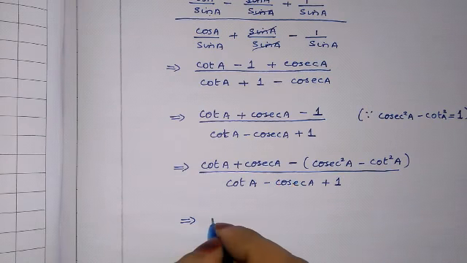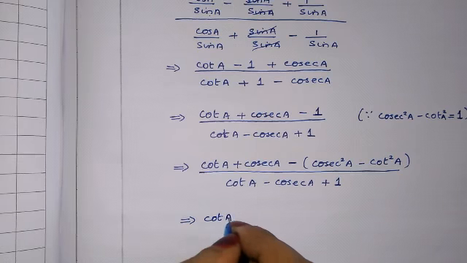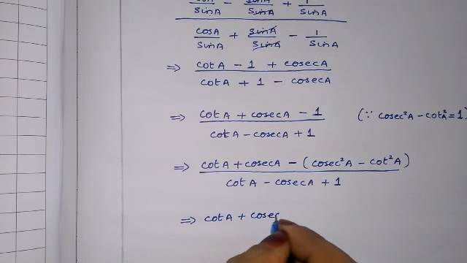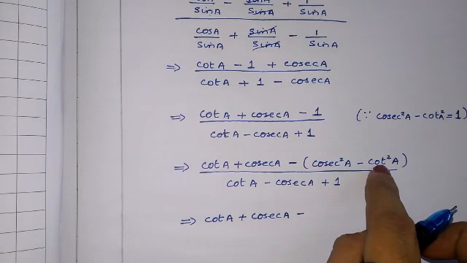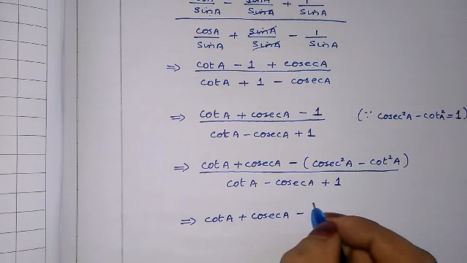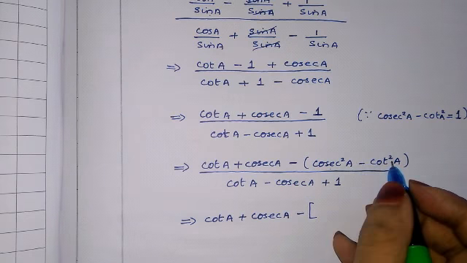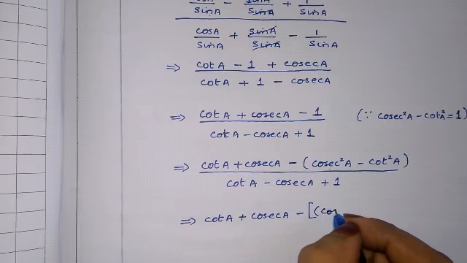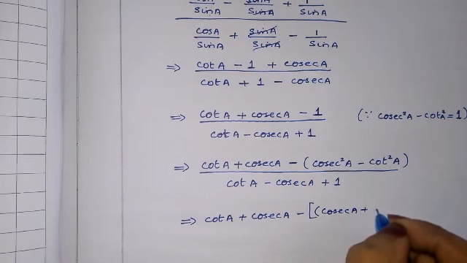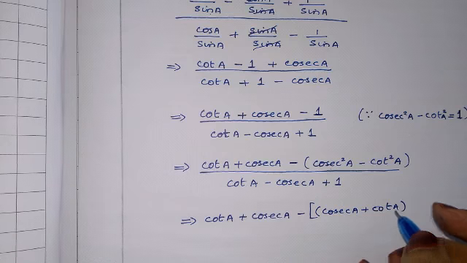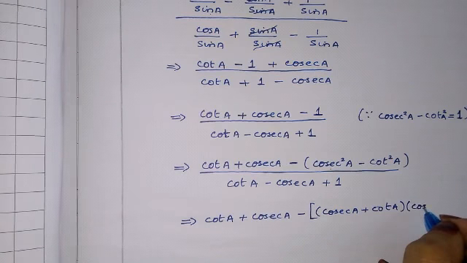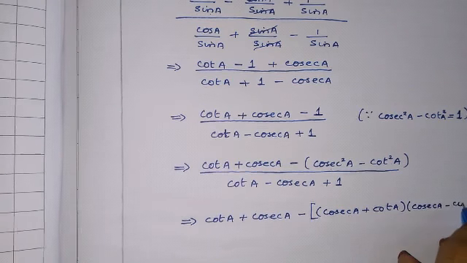Now here cot A I will write as it is, plus cosec A also as it is, minus a square minus b square. The formula we know: a square minus b square is a plus b times a minus b.